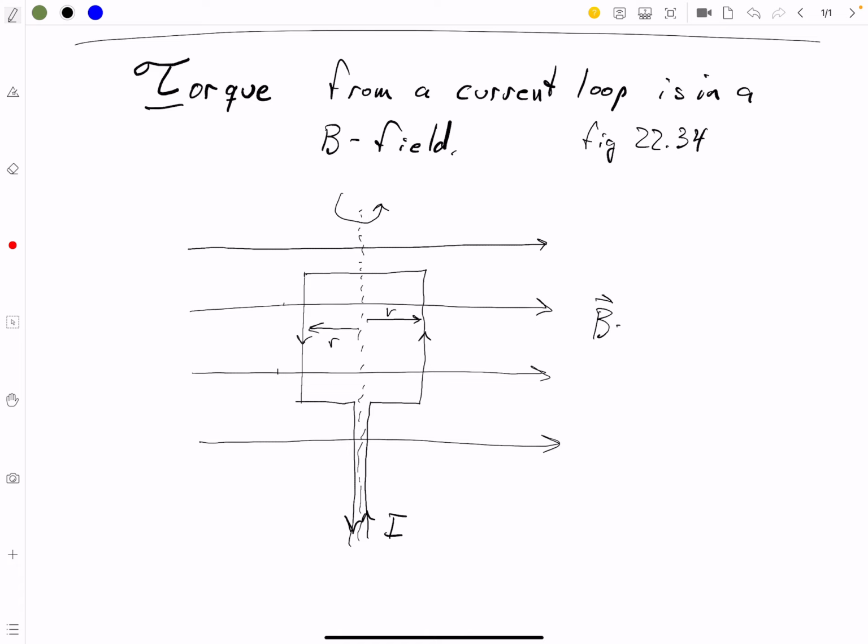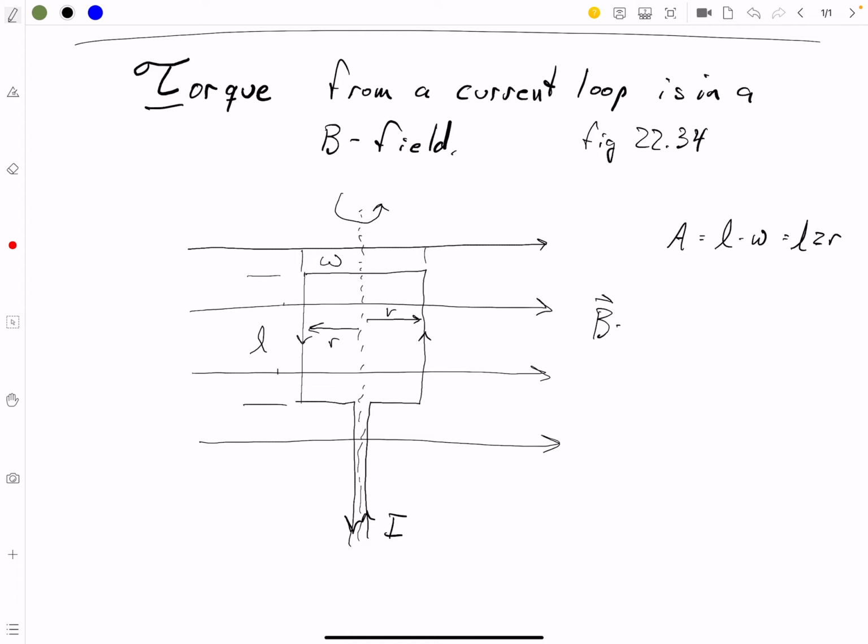All right. We're also labeling this distance our width, W. So we've got this distance as our length, L. And then, of course, the area inside is our length times our width. And then, of course, the width is equal to 2r. Okay, so that's our area.